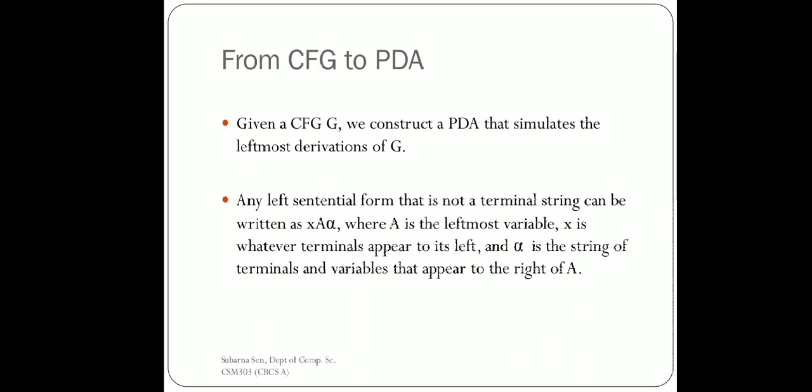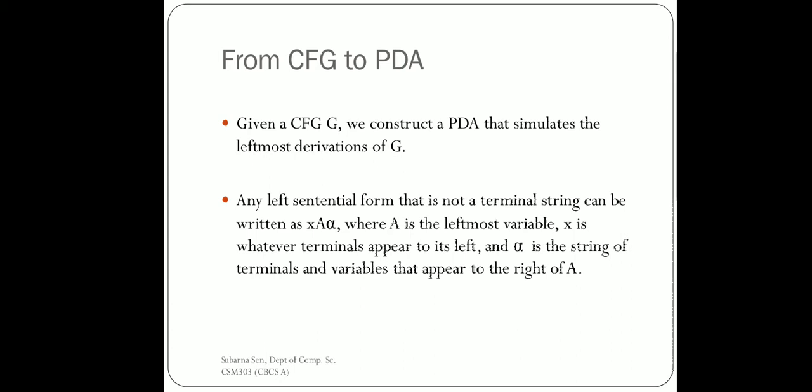It will consume the first input, the rest remains. Then it will consume the second input, the rest remains. So whatever inputs have already been consumed by the PDA are included under x. So x is nothing but the set of terminals already consumed by the PDA.